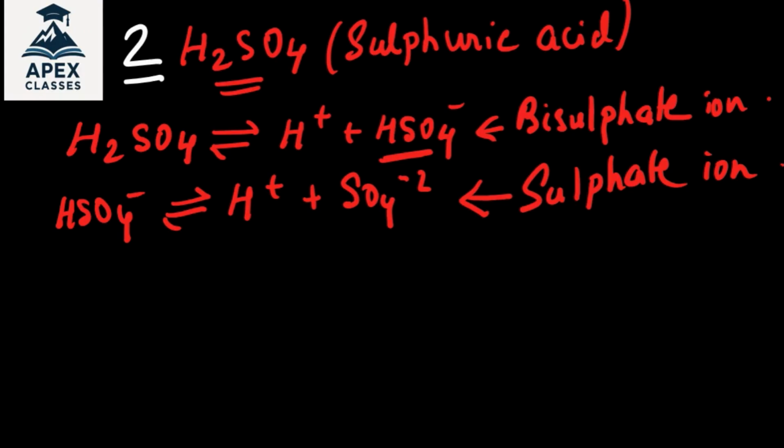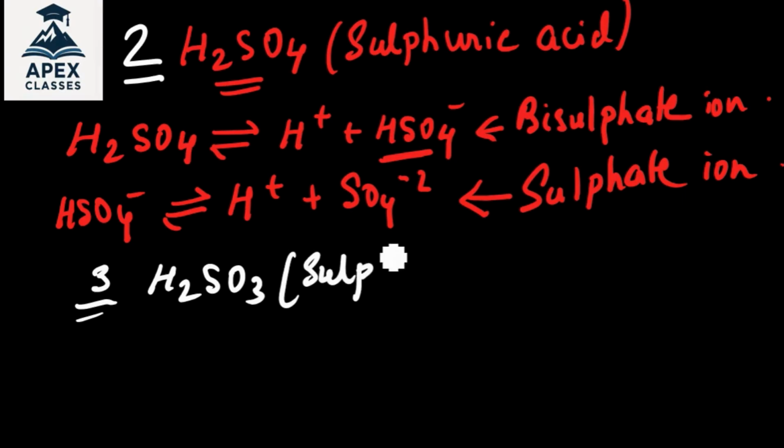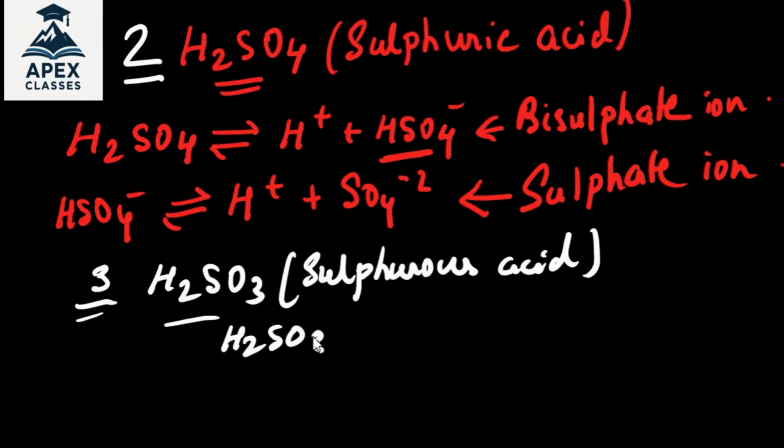Now the next acid we will be discussing is H2SO3, sulfurous acid. So what will happen? Same thing. You can do it on your own. With the reversible sign, it will give H plus and HSO3 minus.